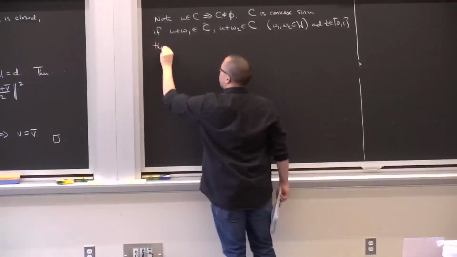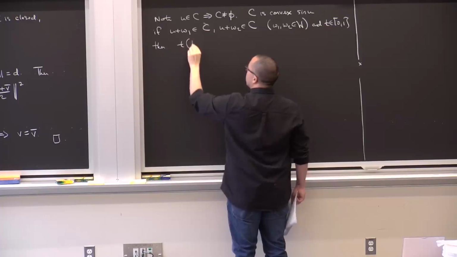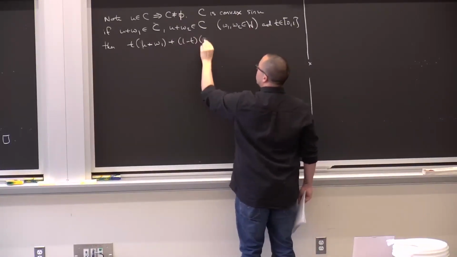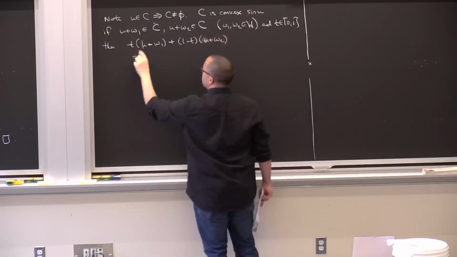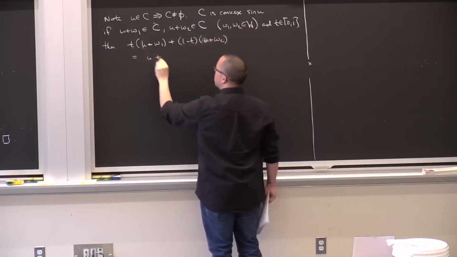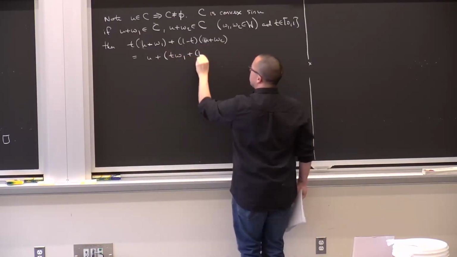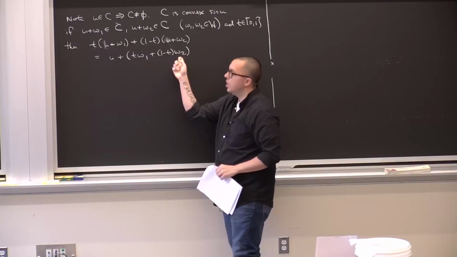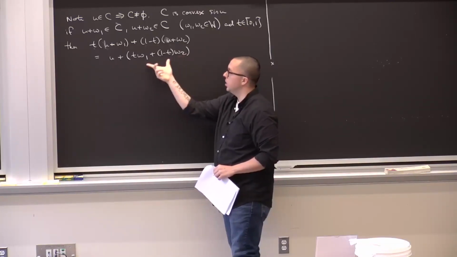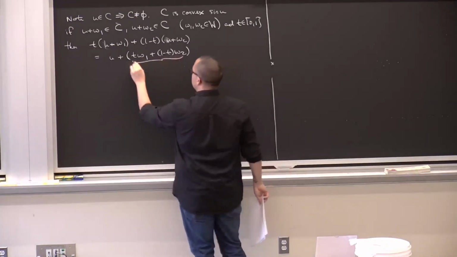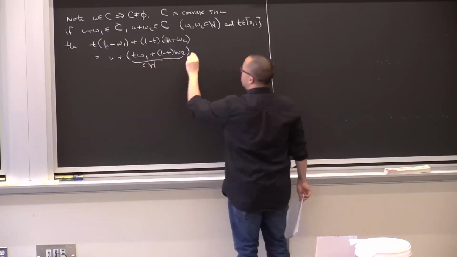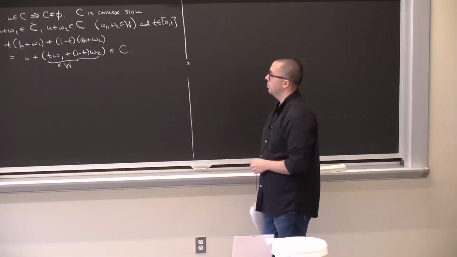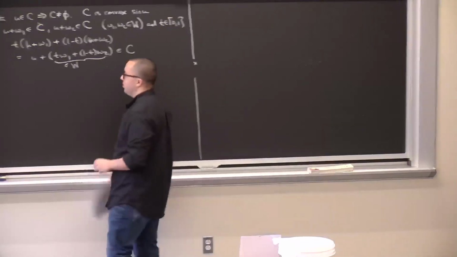Then t times (u plus w1) plus (1 minus t) times (u plus w2) equals t u plus (1 minus t) u, which just gives me back u, plus t w1 plus (1 minus t) w2. Now w1 and w2 are elements in a subspace W, and therefore this linear combination of them is also in W. So u plus this element is in C, which is all elements of the form u plus w for w in capital W. So C is convex.